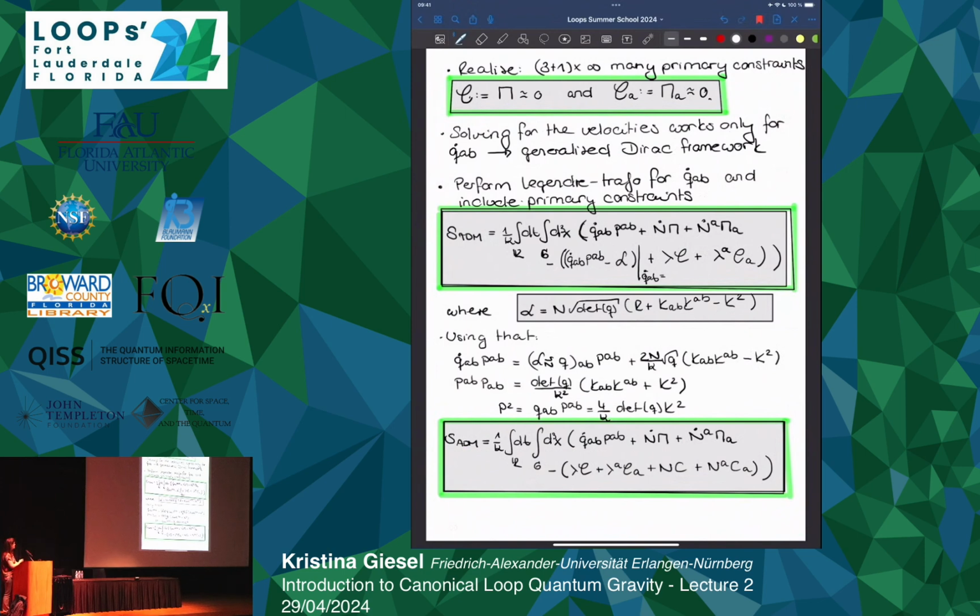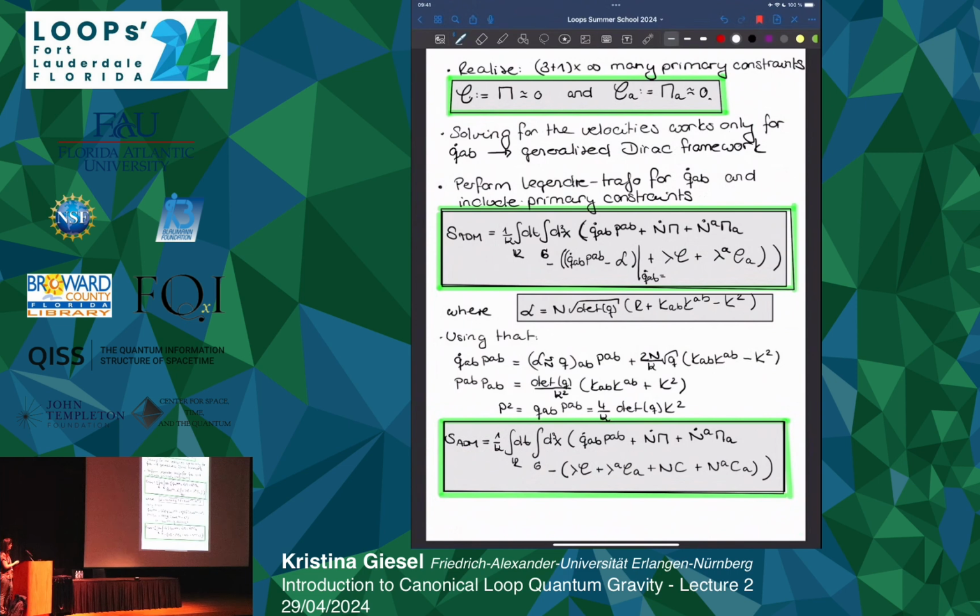And if we do this for the ADM action of GR, which has the Lagrangian density of this form, we then add, as we have just learned, Lagrange multipliers lambda and lambda^A for the primary constraints to this action. And from this, we can then read off the primary Hamiltonian.